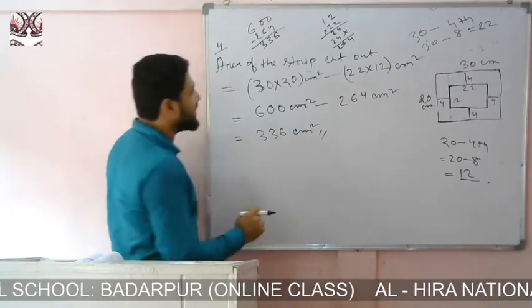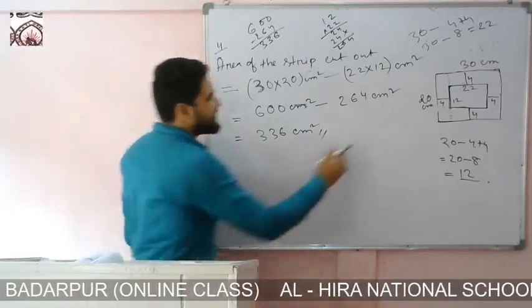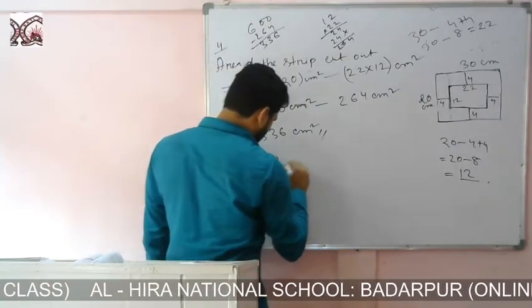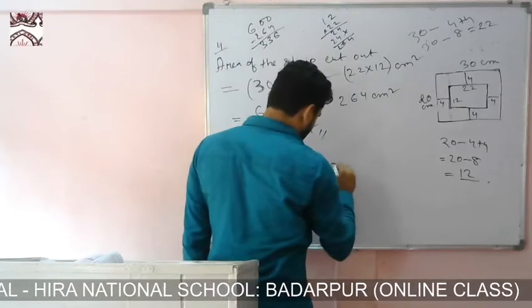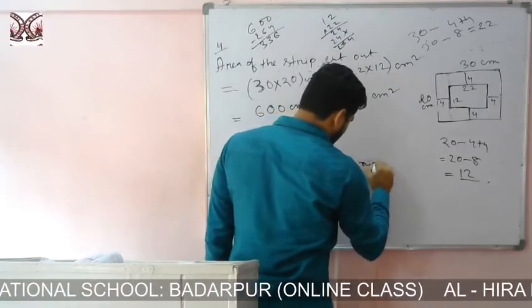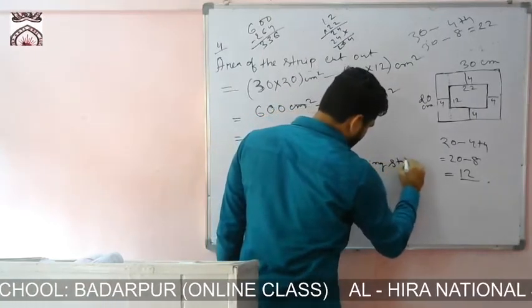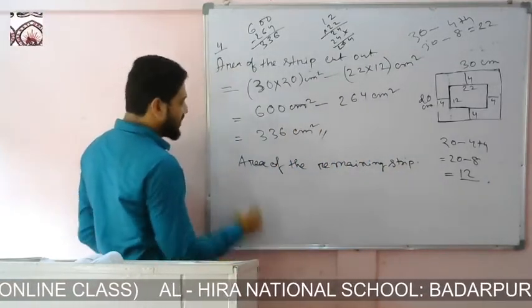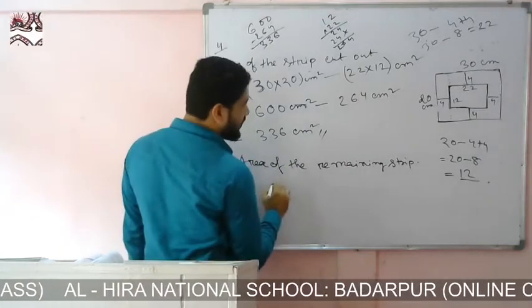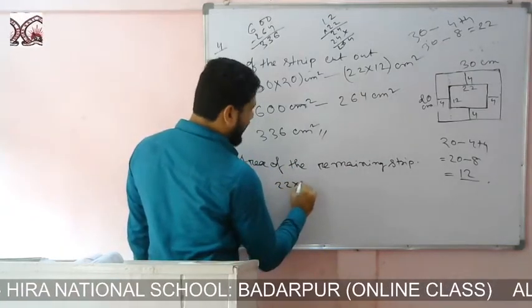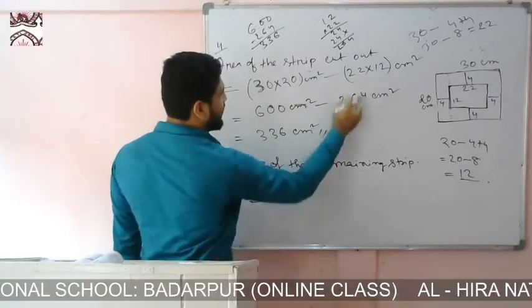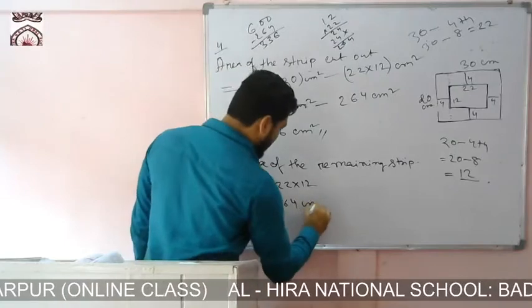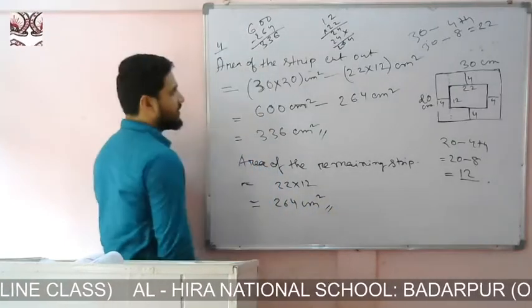Now the area of the remaining sheet will be 22 into 12, which you got as 264 centimeter square. Okay, that is the answer.